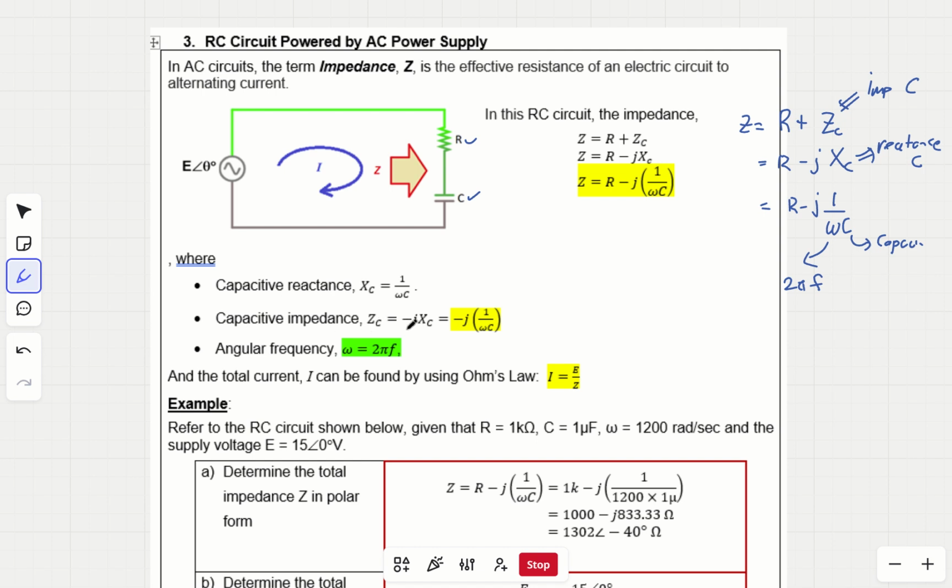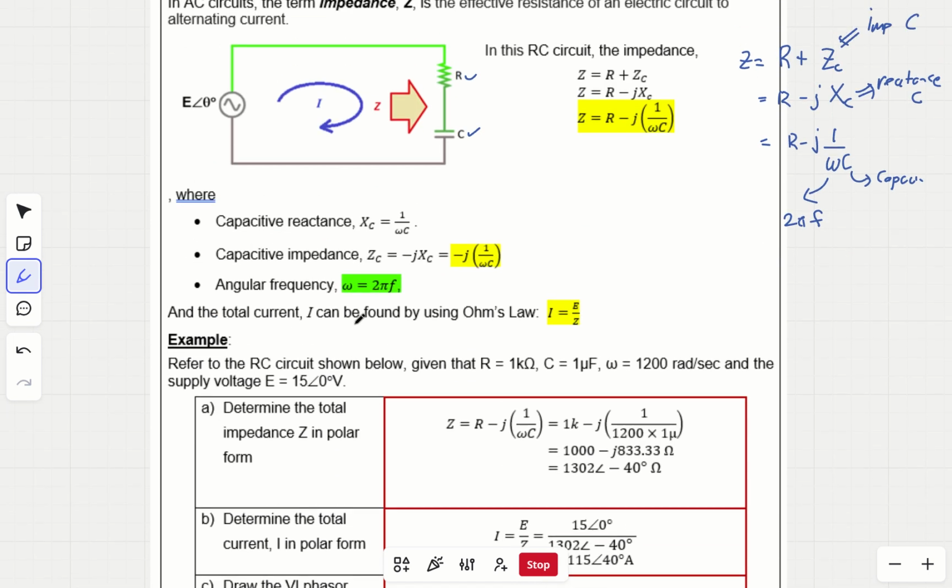ZC is the capacitive impedance, which is given by negative jXC. Once we have the impedance, then we can find the current just using Ohm's law. Current is source voltage divided by the impedance, E divided by Z.